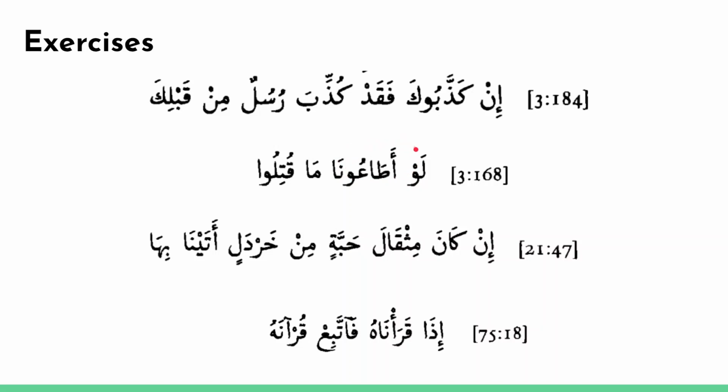Now this is a hypothetical, so we know that they did not obey these commands. And it's saying that if they had, they would not have been killed. And because we're using a ma, a negation here, we actually don't see the la before this. لو أطاعونا ما قتلوا.